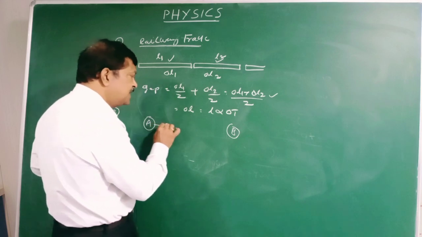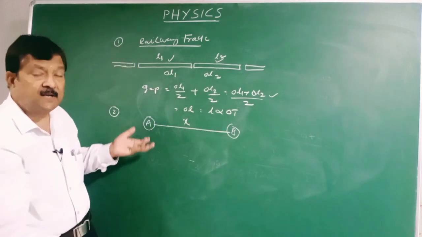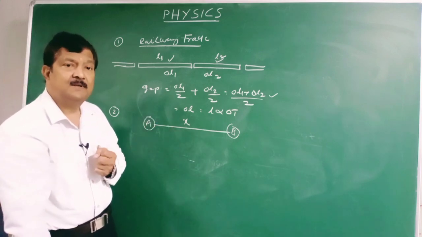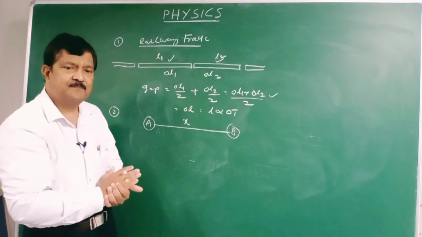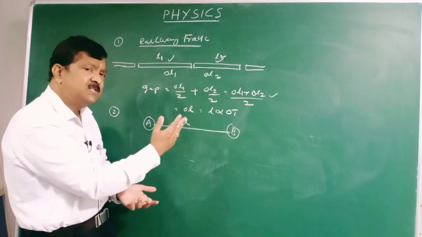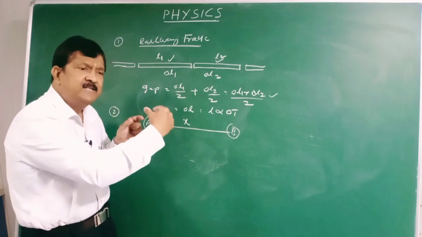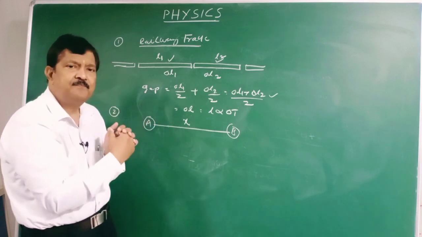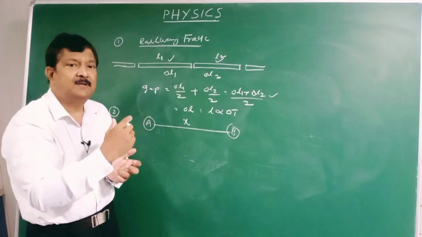Let the distance between them be x, say 30 kilometers or 40 kilometers. Between the two stations there will be a number of rails joined together, and between every two rails there is a gap. Then we are asked to calculate the total gap, the sum of the gaps.